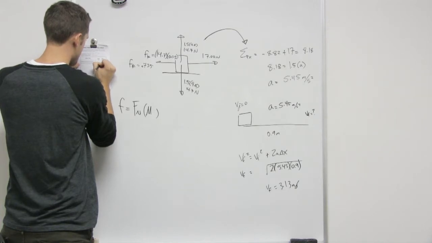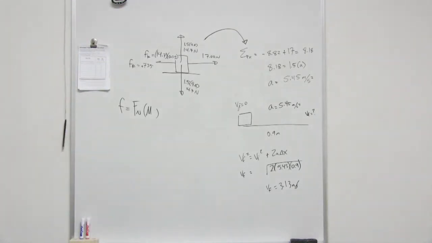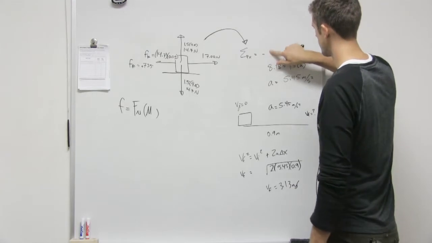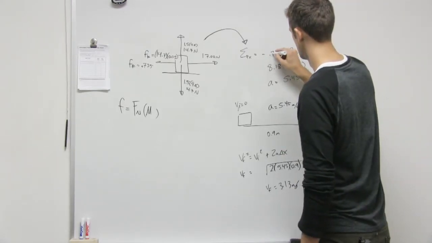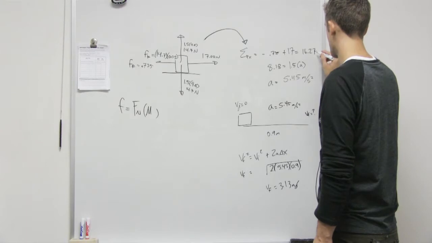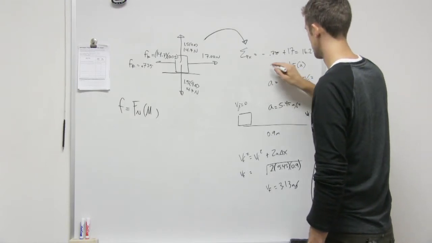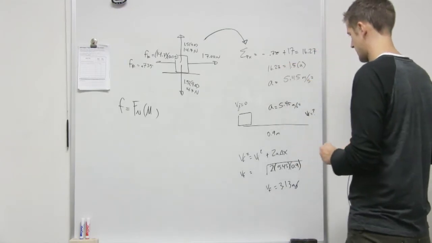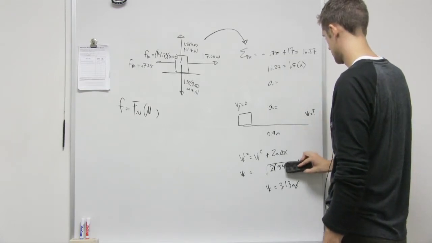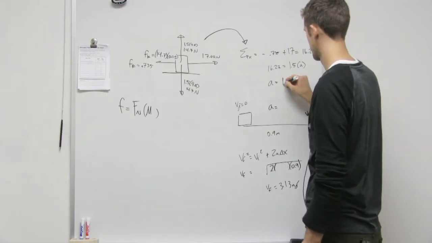So our net force is 16.27. So now we get 16.27 divided by 1.5 gives us 10.84, which is our acceleration.